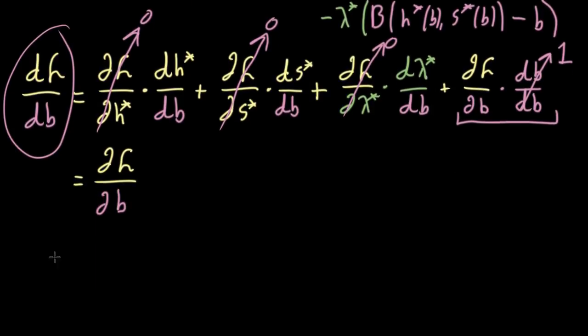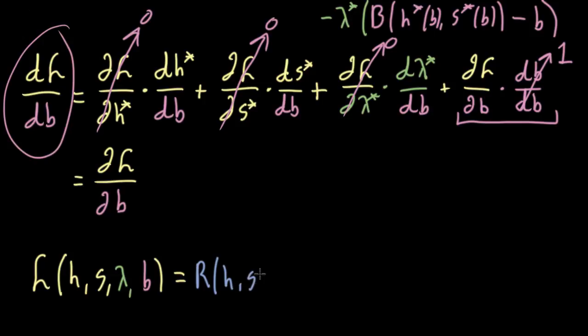I'm going to rewrite that L, if I consider it as a 4-variable function of h, s, lambda, and b, what that equals is r evaluated at h and s, minus lambda multiplied by this constraint function b evaluated at h and s, minus little b.